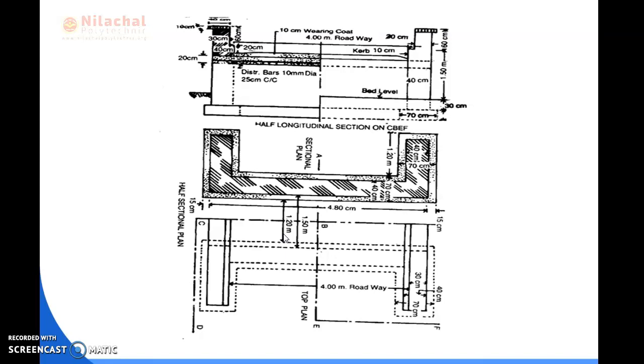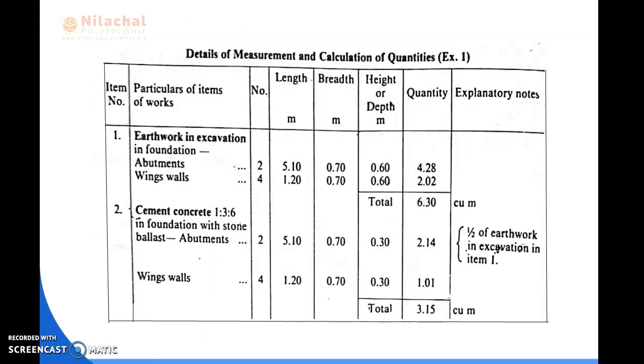After that, we go through the problem class. Here are the details of measurement and calculation of quantities. It is the abstract of quantity calculation. The first column shows the item number, the second column shows the particulars of the item of work, the third column shows the number of items, then the next column is length.